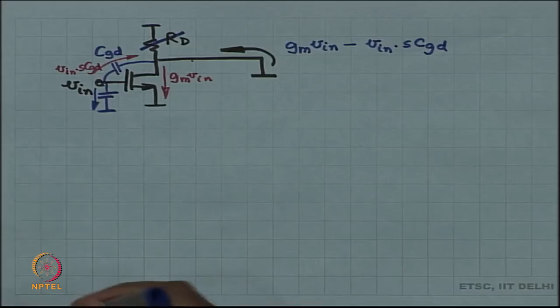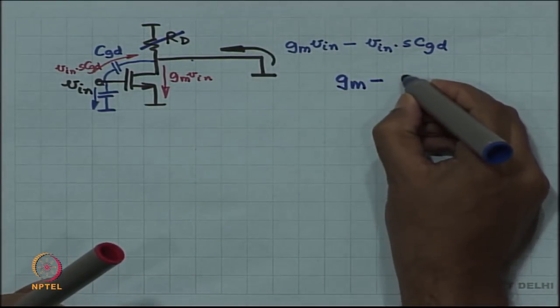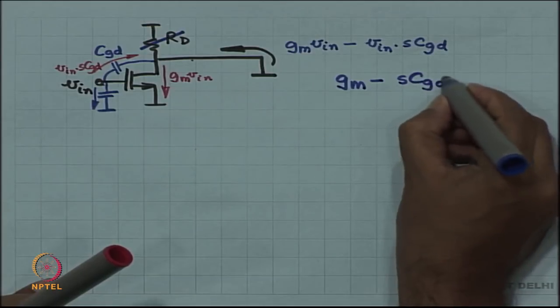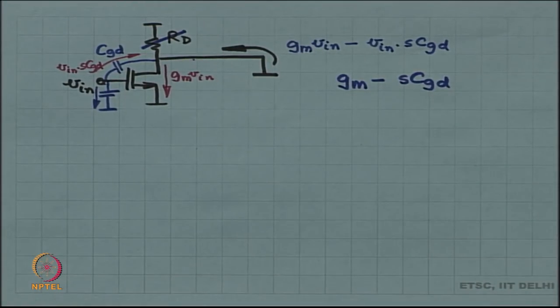So, the overall transconductance is Gm minus SCGD, this is the transconductance, and as I said before, we do not like writing it like this. Okay.